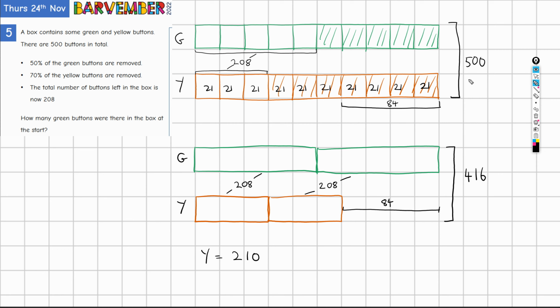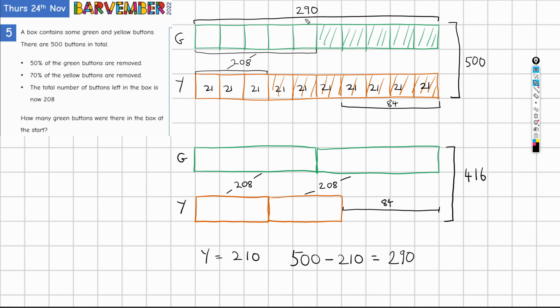If we take 210 away from the original total of buttons, which is 500, that leaves us with 290, which must be the value of all of the green buttons.